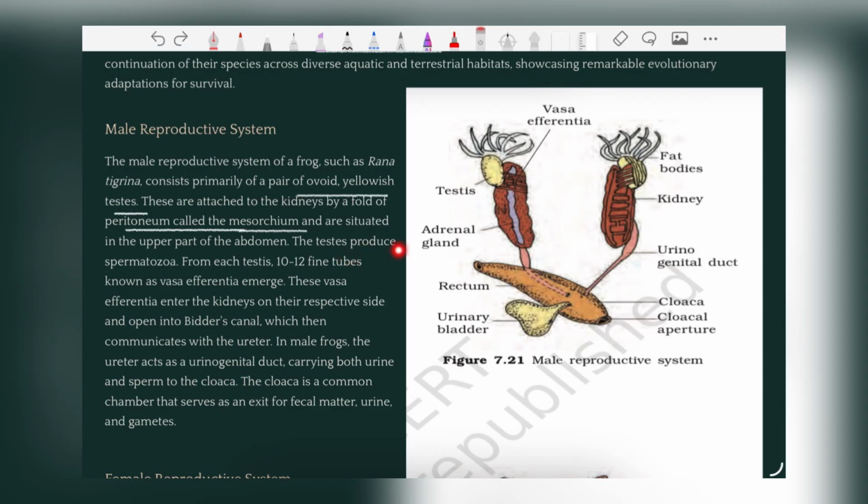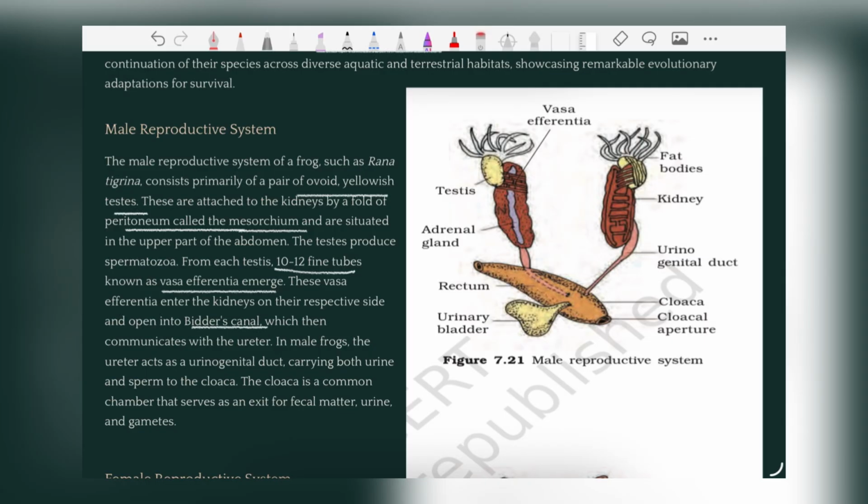The testes produce spermatozoa. From each testis, 10 to 12 fine tubes known as vasa efferentia emerge. How many vasa efferentia? 10 to 12 vasa efferentia. These vasa efferentia enter the kidneys on their respective side and open into Bidder's canal, which then communicates with the ureter.